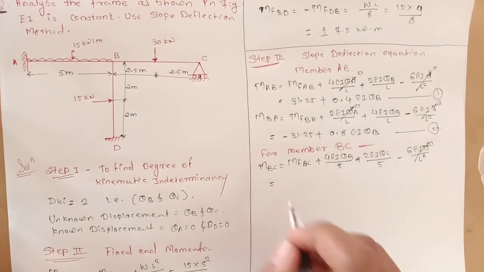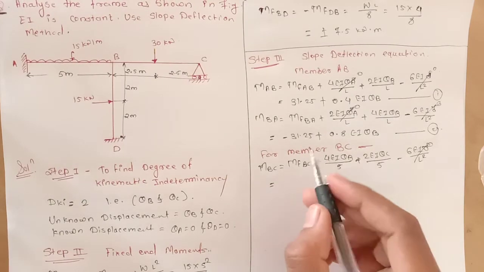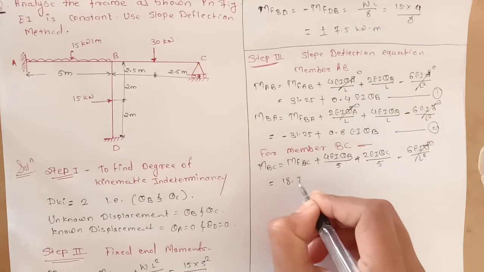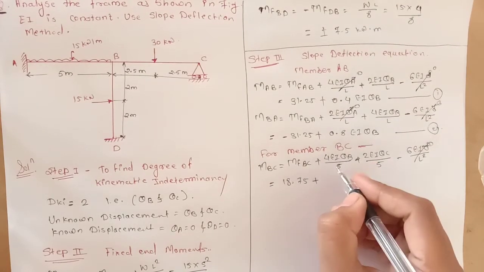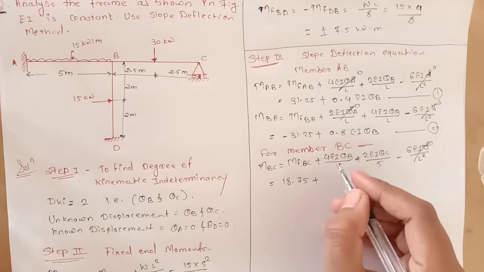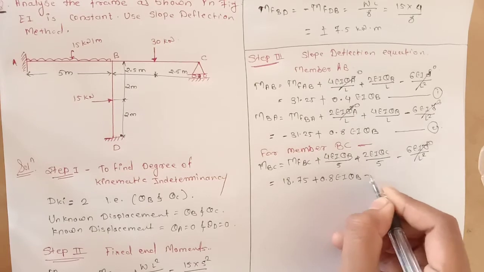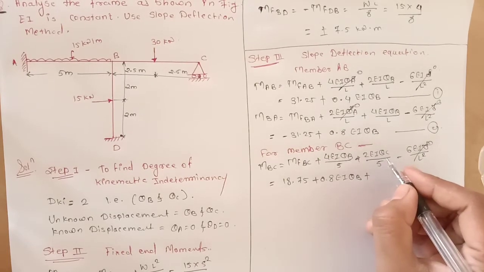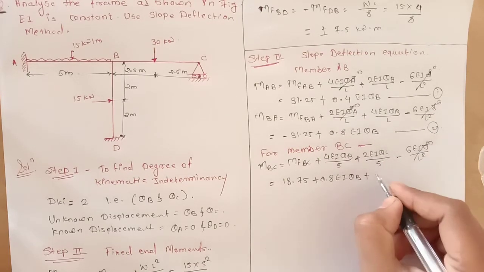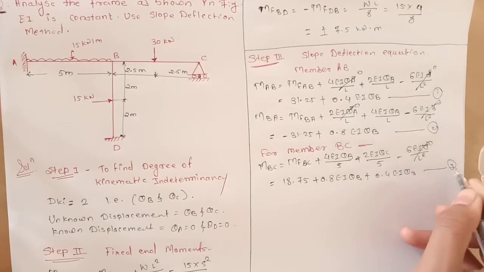Then the fixed moment for member BC is 18.75 plus 4 divided by 5, which is 0.8 EI theta B, plus 2 EI theta C divided by 5, which is 0.4 EI theta C. This is equation number 3.